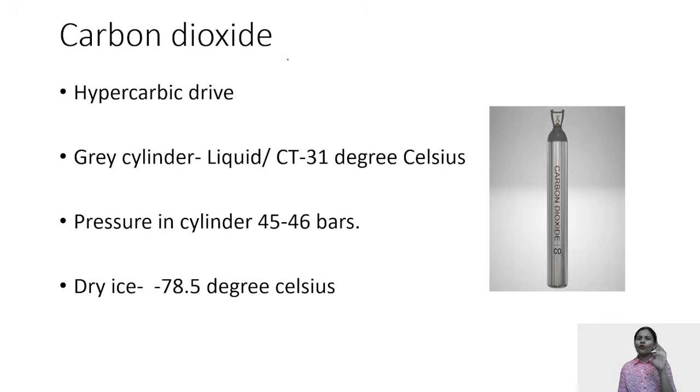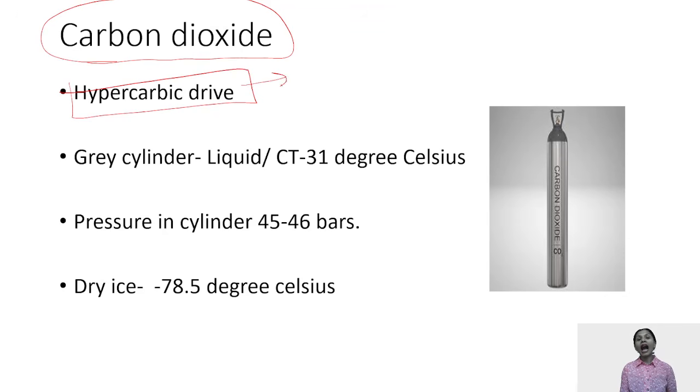Now, talking just four lines about one of the most important gases we have, that is carbon dioxide. I want you all to remember one thing, please: when we breathe, it is because of the hypercarbic drive. It is not the hypoxic drive. We have a hypoxic drive only when the PaO2 has fallen very, very low.